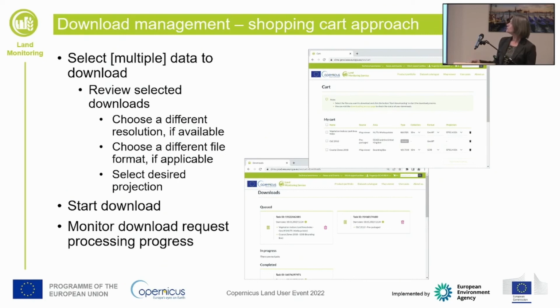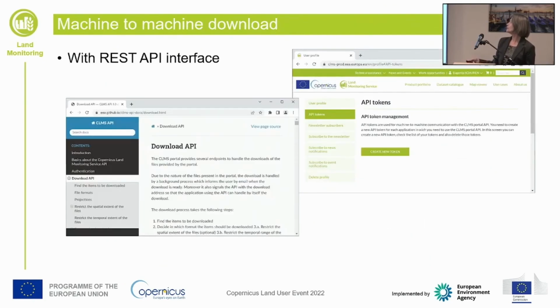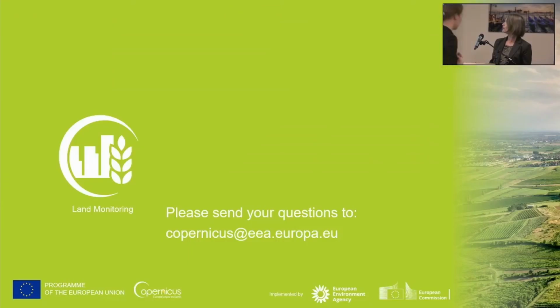Besides download on or through the web interface, the new website will also offer machine-to-machine download with REST API interface. So that would be, not going into much detail, the main functions related to data access, and all of them are quite improved compared to the current portal.